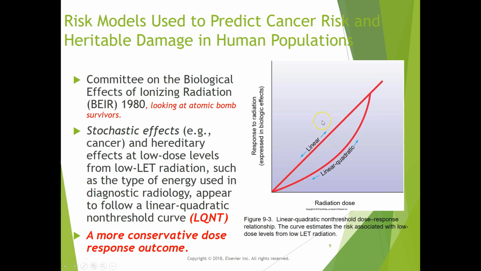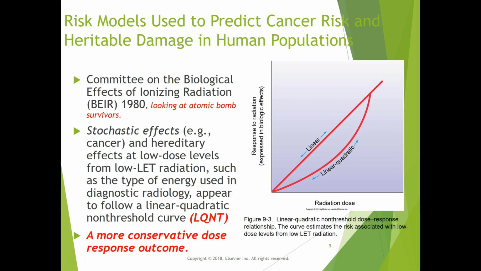Then in 1980, the committee on Biological Effects of Ionizing Radiation took all of the data that they had gotten from the atomic bomb survivors, and they concluded that most of the stochastic effects, so most of the cancer from low dose levels of low LET radiation, appeared to follow a linear quadratic non-threshold curve.